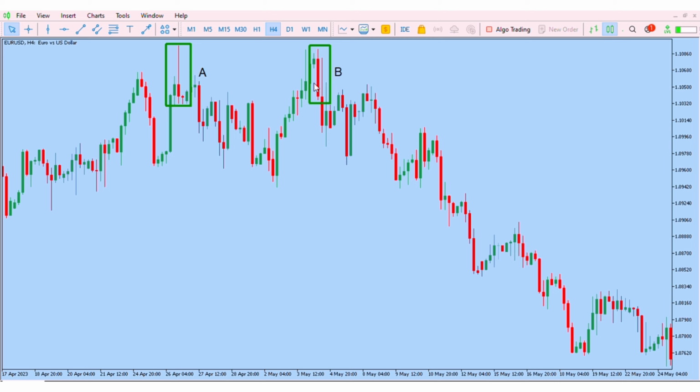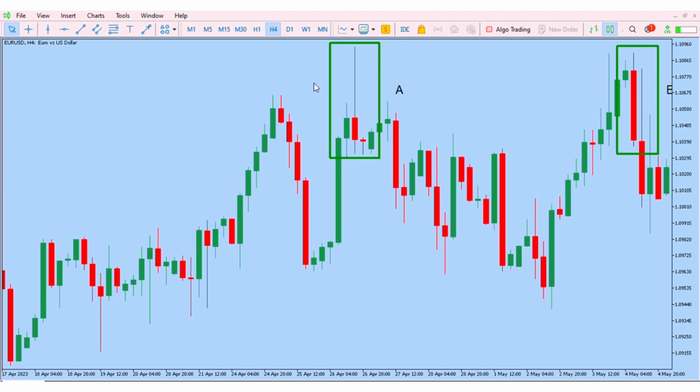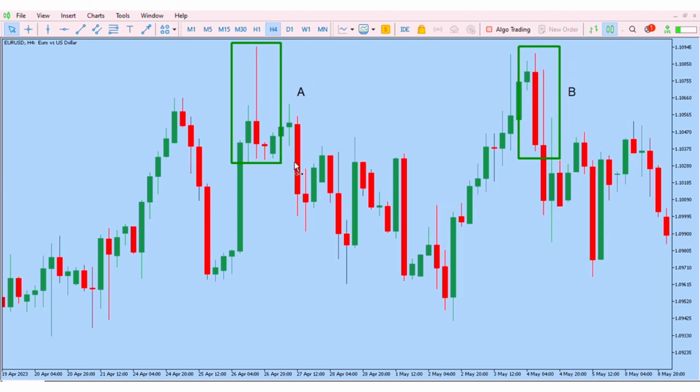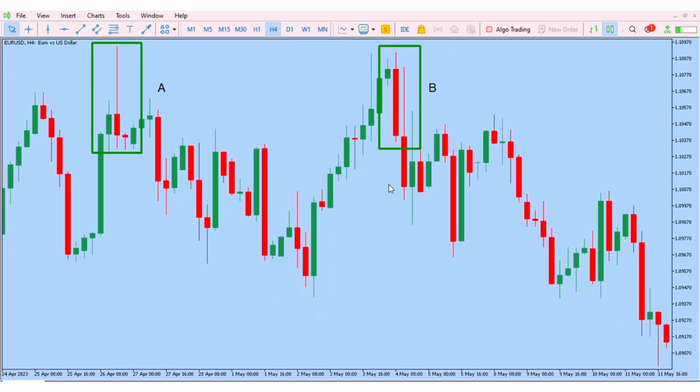At B, we have a bearish engulfing pattern. The engulfing pattern is a powerful trend reversal pattern when it appears at the right levels. Right here is a powerful engulfing pattern.